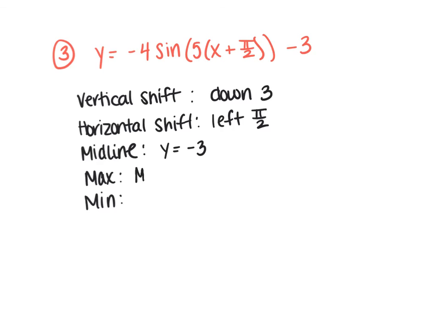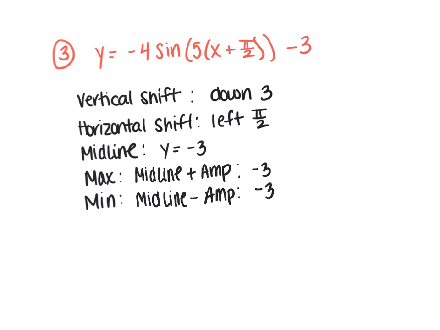Now, to find the maximum and the minimum, you needed an equation. The maximum is the midline plus the amplitude, and the minimum is the midline minus the amplitude. So my midline is -3, so I could put that in both spots, plus, minus, and we have to find the amplitude.